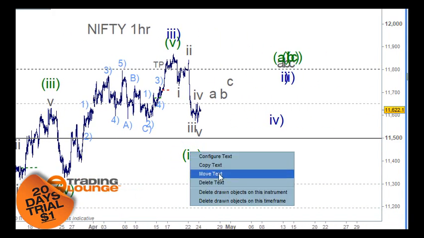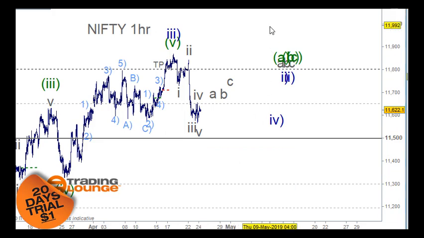Okay, we've got some over here. So this will be our basic pathway here, coming down to this wave 4 here.